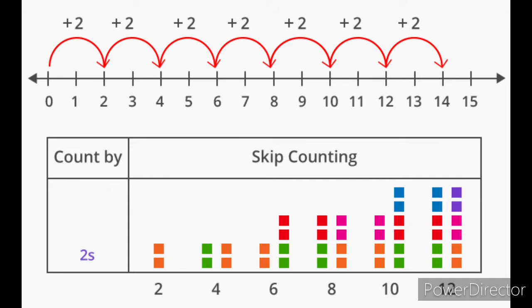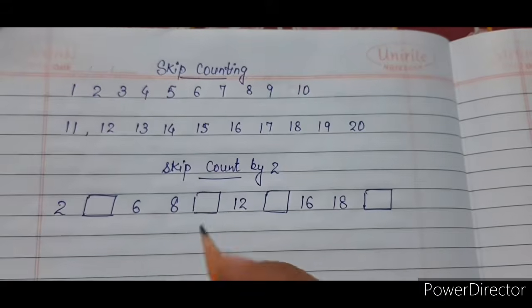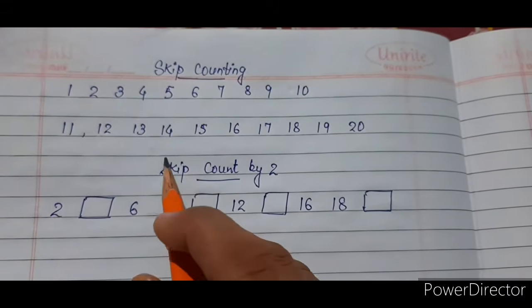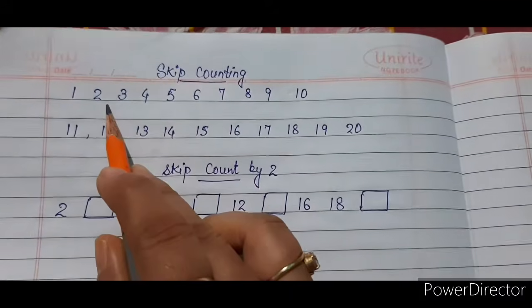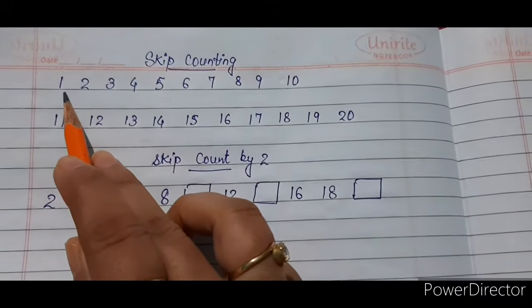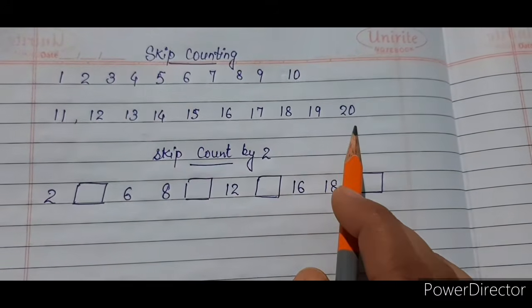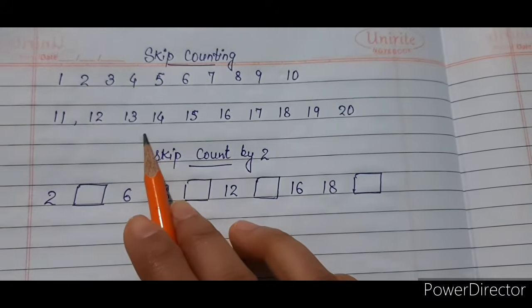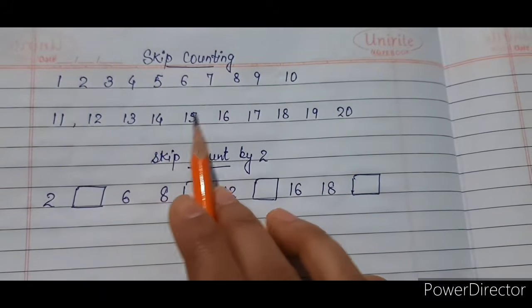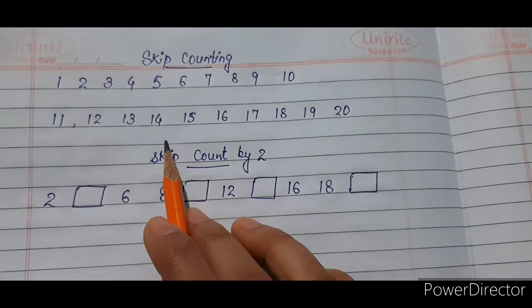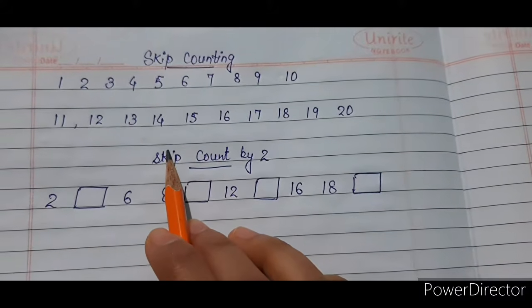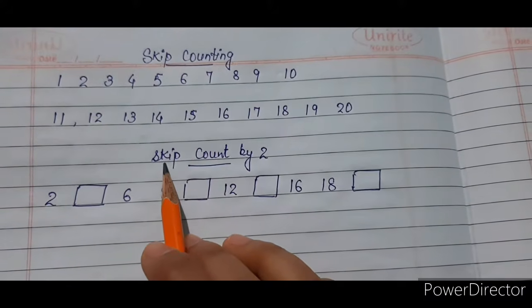But for this you have to learn the table of 2 properly because we are going to jump by 2 numbers. Okay. Dear kids, you can see here I have written numbers from 1 to 20. For this you have to learn forward counting and backward counting properly, and also the tables.